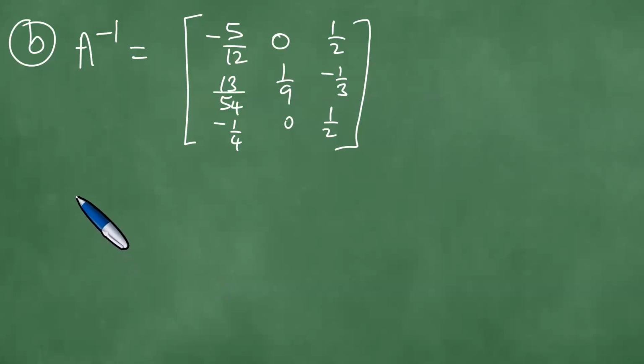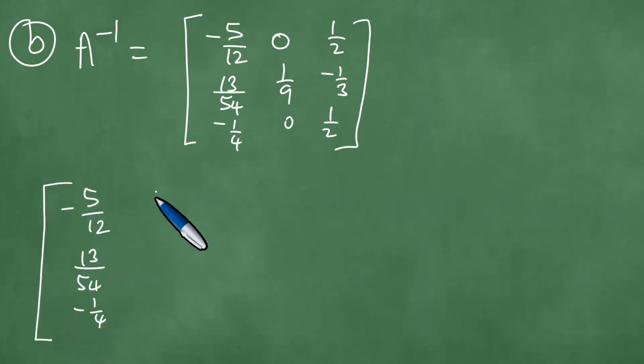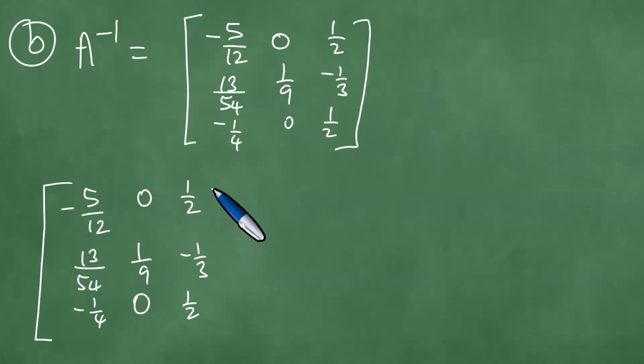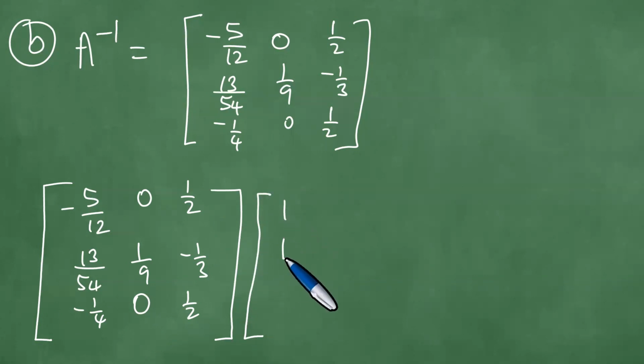Dealing with the smallest absolute value, we take the matrix minus 5 out of 12, 13 out of 54, minus 1/4, 0, 1 out of 9, 0, 1/2, minus 1 out of 3, 1/2, and the starting vector one, one, one.